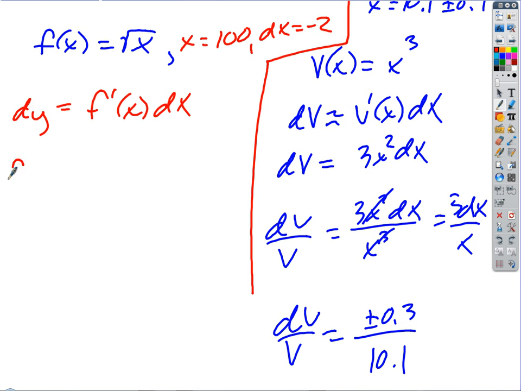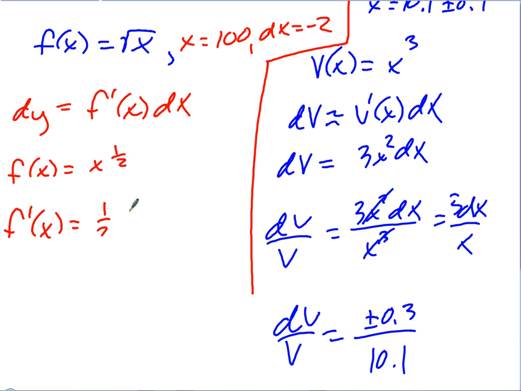So we know that if f of x is x to the 1/2, then f prime of x would be 1/2 x to the minus 1/2.